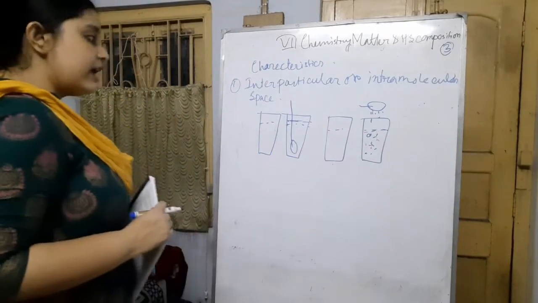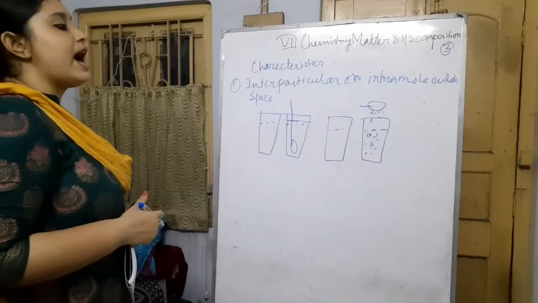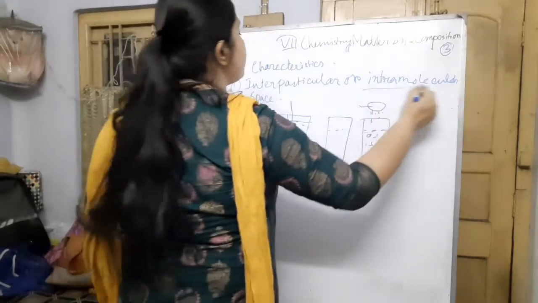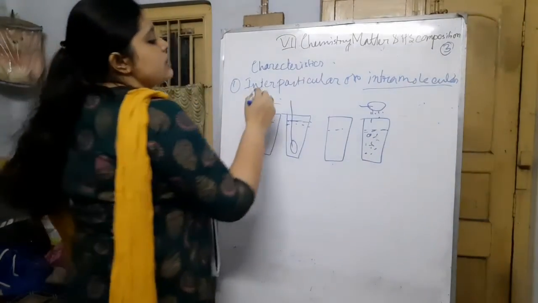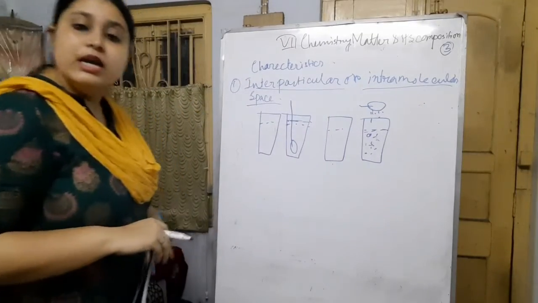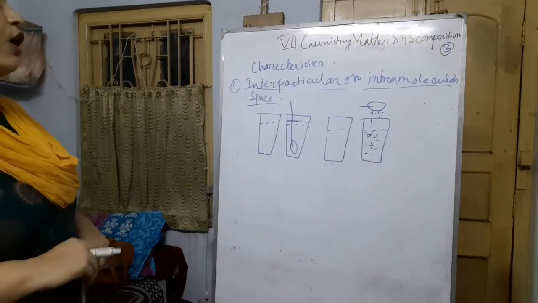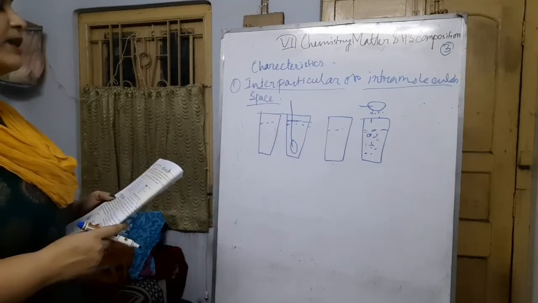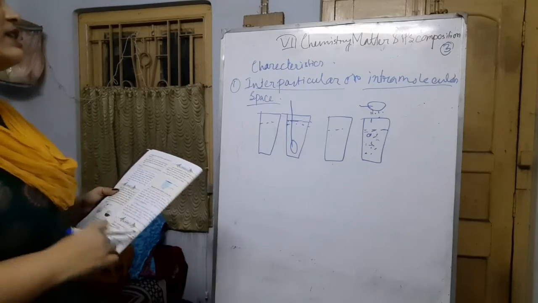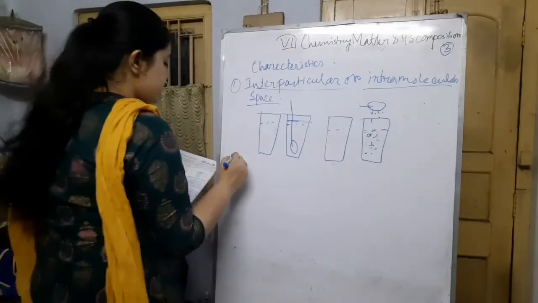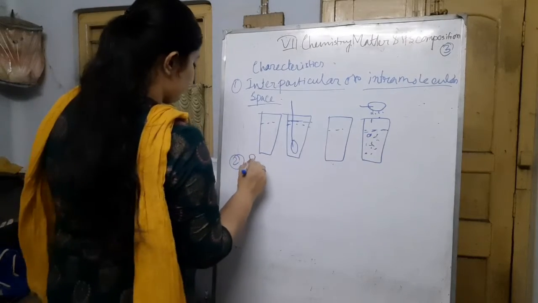In this way we can prove that water has some intermolecular or interparticular space. So it is the first characteristic of matter.